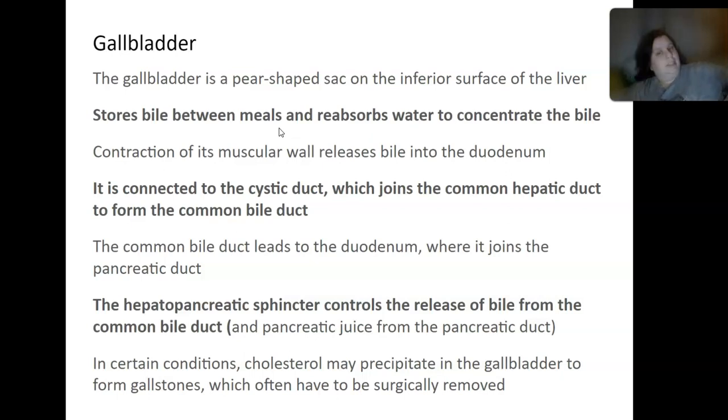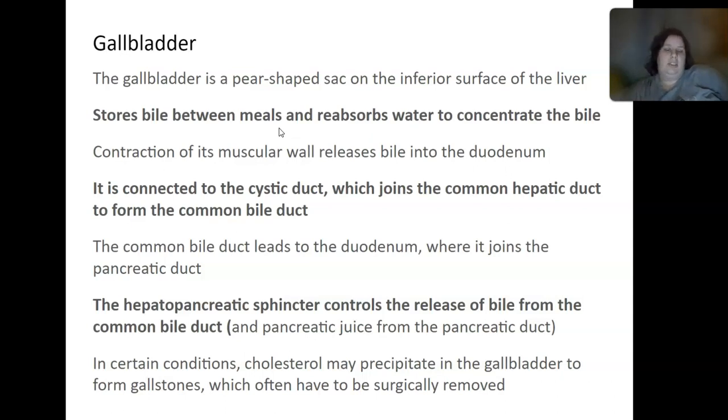It's connected to a cystic duct, which then joins with the common hepatic duct, forming your common bile duct. We're going to see what this looks like here in just a little bit. Your common bile duct leads into your duodenum, where it joins the pancreatic duct and your hepatopancreatic sphincter. So hepato means liver, pancreatic means pancreas. So your hepatopancreatic sphincter controls the release of bile from your common bile duct.